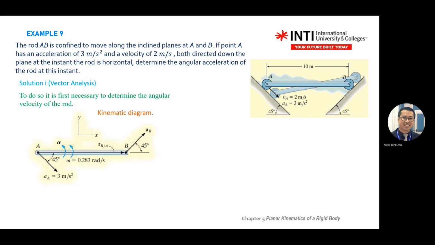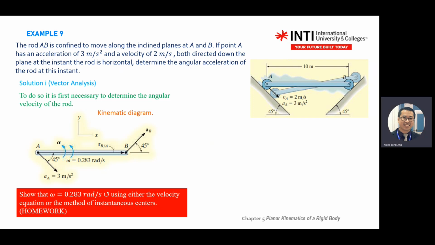Here, you mark the object AB, point A, point B. Then you mark r_B/A. Then rotation, you try to imagine how it rotates. Here, there is rotation anti-clockwise. Omega also anti-clockwise. Here you don't know yet. Later we need to find.